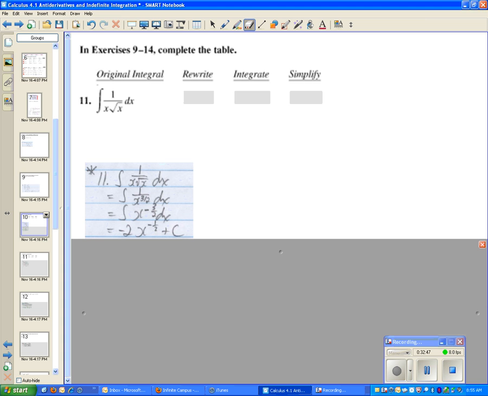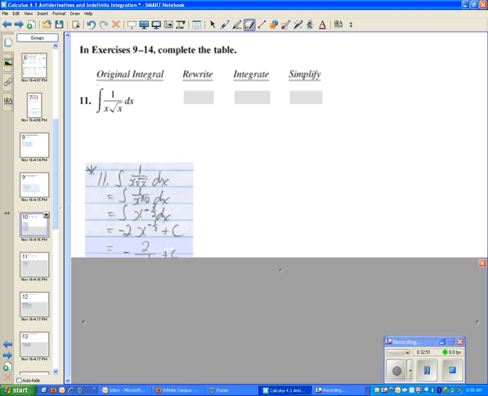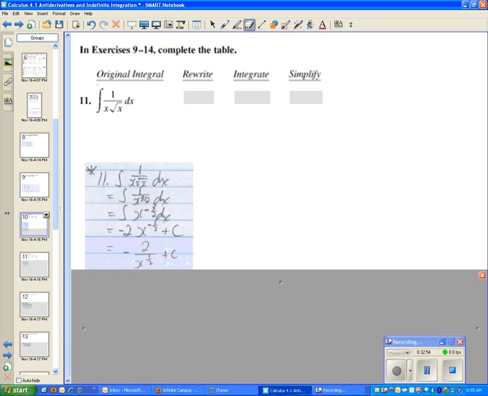And, you know, I'm fairly happy with that. I don't like the negative exponent, though. But if I can, since my problem started with radicals, I'd rather end with radicals. Now, we'll face problems later on that are just so complicated, we won't bother putting it back into radical form.